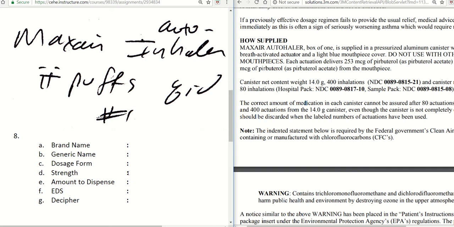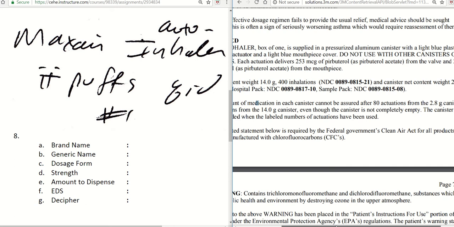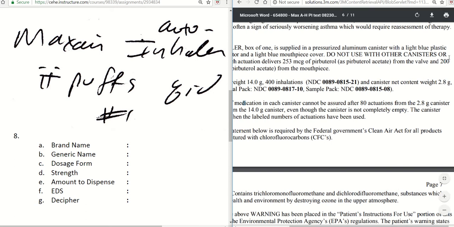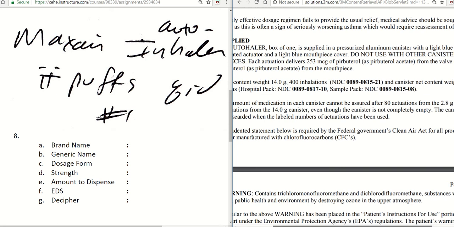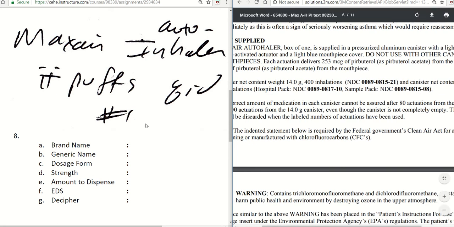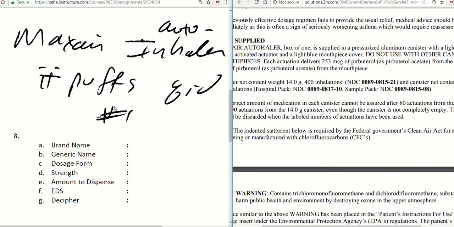The strength: each puff, you're going to get 200 micrograms, 200 mcgs per puff. And it's just one container. So each container is 14 grams.